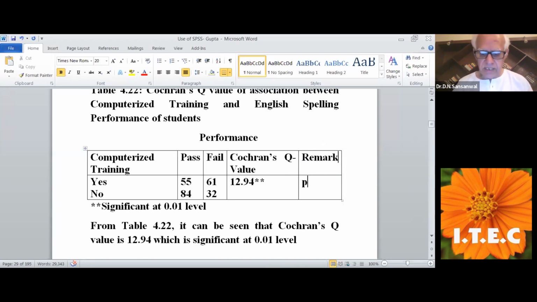I can say this is P less than 0.01. So this is your p-value. But this p-value is nothing but the level of significance. So if you are writing p-value, then you need not put that double star. So either double star or this.